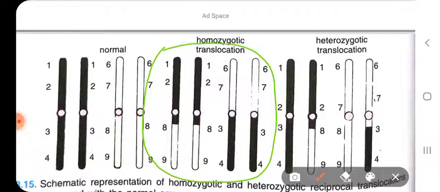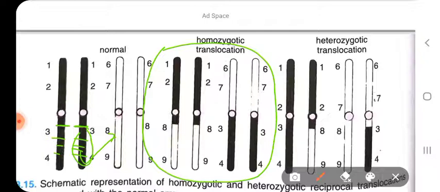But we cannot identify this homozygous reciprocal translocation cytologically, but it will influence the phenotypic features, because the position of the genes which were present in these regions has been transferred to a different region, right? So the effect of the genes will be influenced.